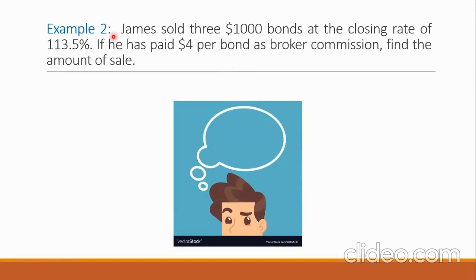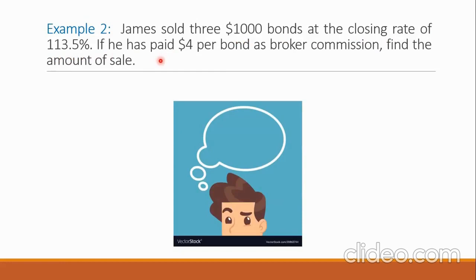Let us see example 2. James sold 3 $1,000 bonds at the closing rate of 113.5%.